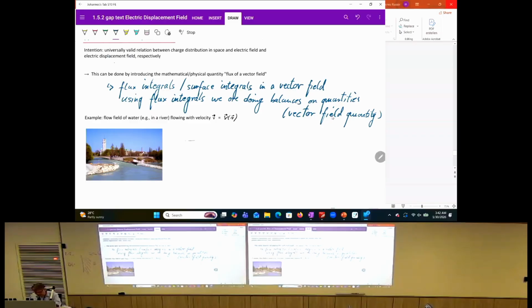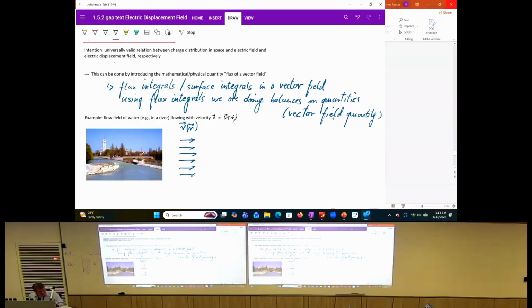In that particular example, it describes the flow of the water, and the vectors that you see here form a vector field that gives you the velocity as a function of r of the water particles.